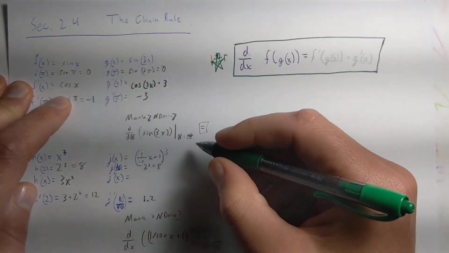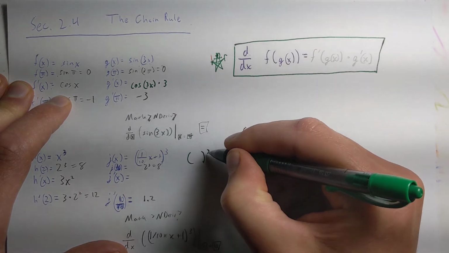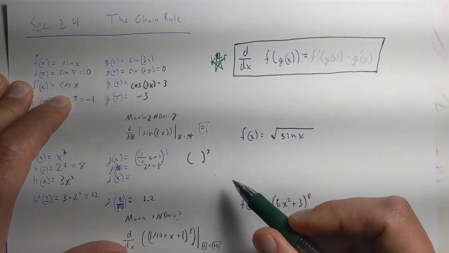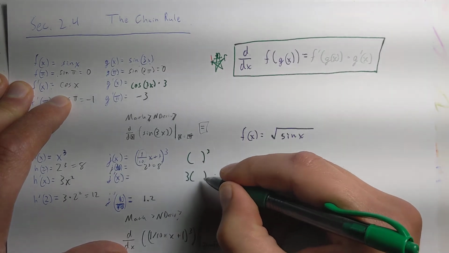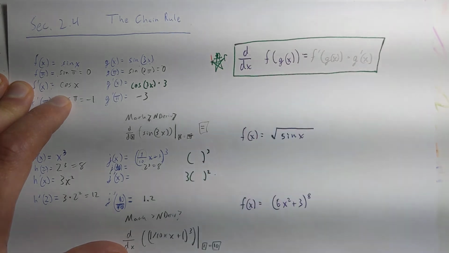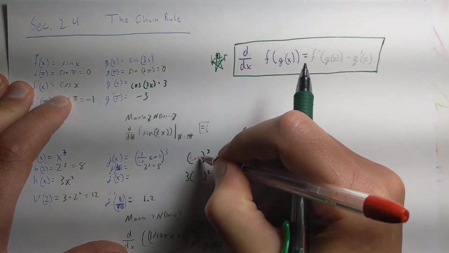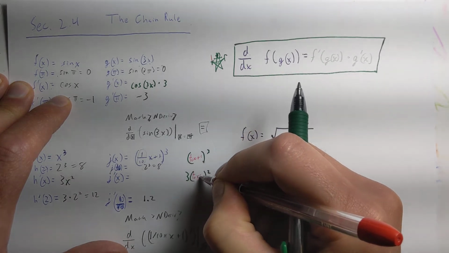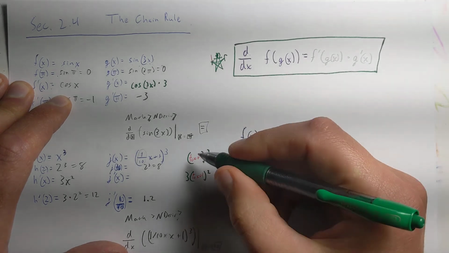Down here, I've got a box, something cubed. The derivative of something cubed is 3 times that something squared. Now this happens to be 1/10 x plus 1. Then I have to multiply it by the derivative of the inside.